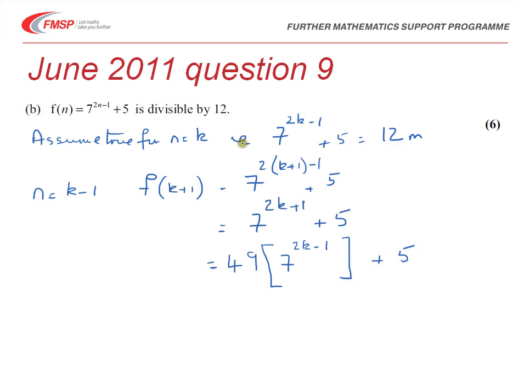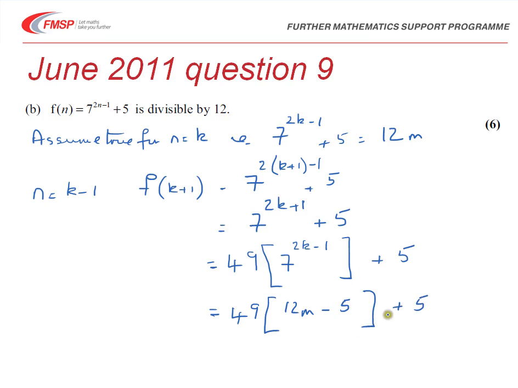Now this is where we can use the line that we had, this truth statement here, because this 7 to the power 2k minus 1 is equal to 12 times something, 12m, minus 5. So this is equal to 49 times 12m minus 5 plus 5.